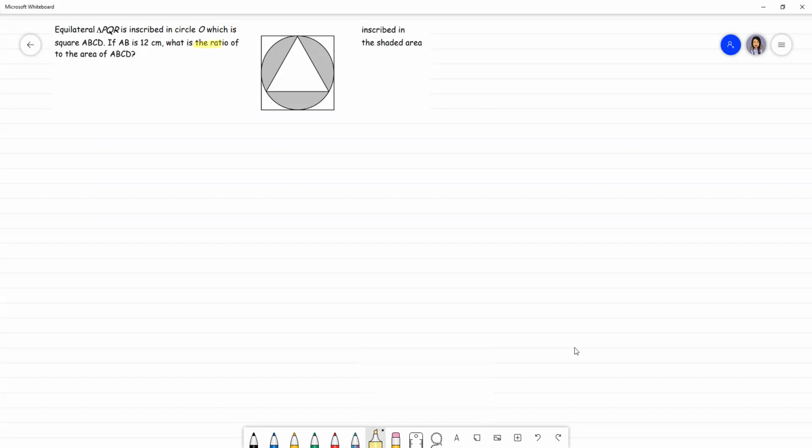Okay, let's get started. Equilateral triangle PQR is inscribed in circle O. We'll put O right here, which is inscribed in the square ABCD.